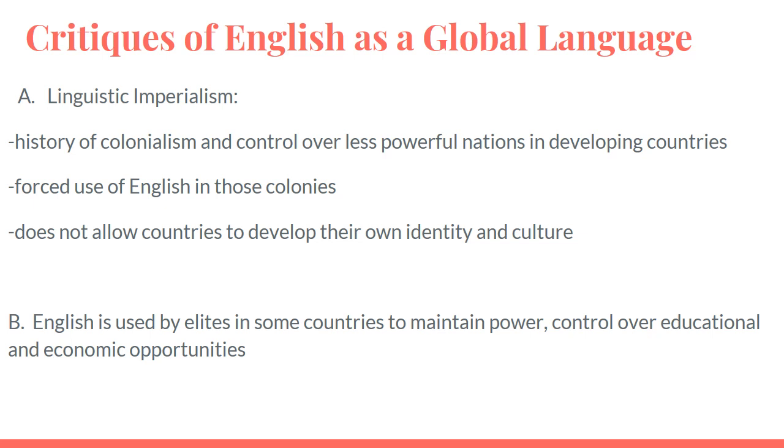And so many people claim that English is being used by the elites to control the educational system. And of course, the educational system links to economic opportunities. Many people are arguing that English is being used to perpetuate a colonial system in South Africa, even though colonialism has left South Africa for over 50 years and apartheid has been ended for 20 years.